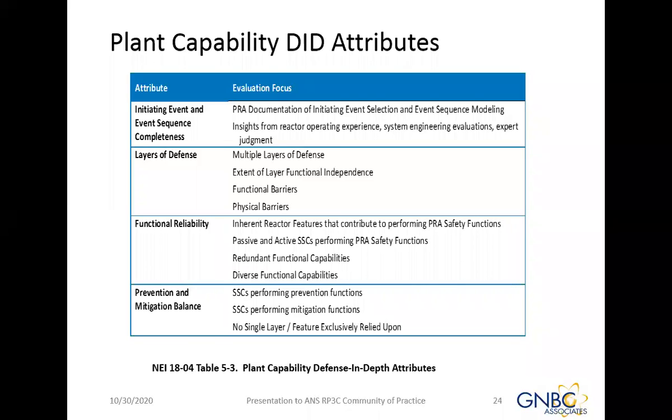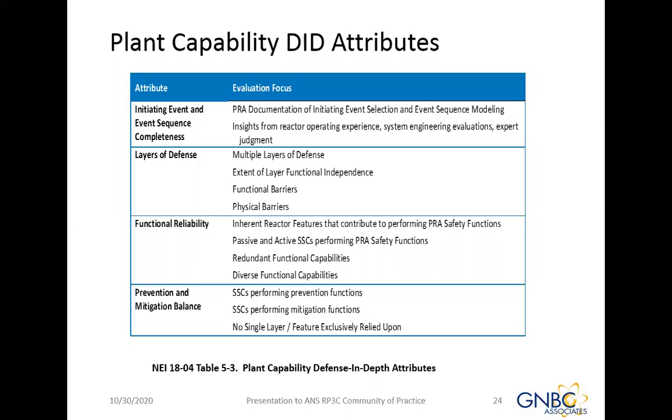And so you will get into things that are really important, like plant margins, uncertainty in plant margins. And it's not margins, in the case of this defense-in-depth evaluation, to regulatory limits. It's margins to where they're risk significant. Also looking at some other abstractions, such as prevention and mitigation balance.